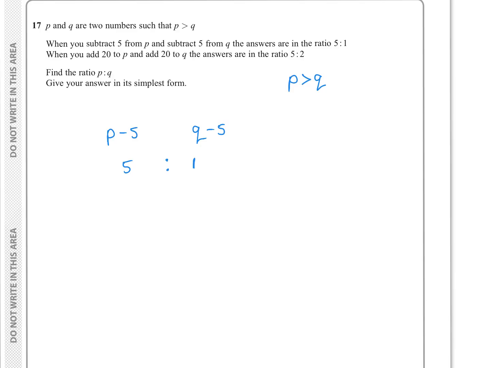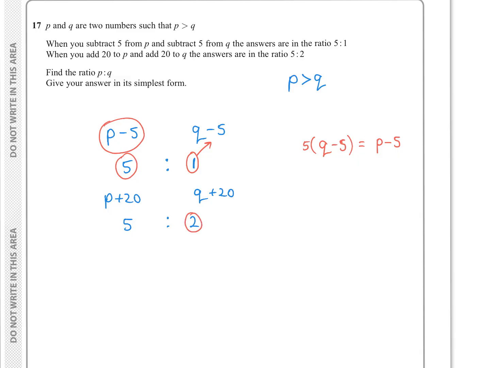It says when you add 20 to P and add 20 to Q, the answers are in the ratio 5:2. So first of all, this would mean that Q minus 5 was worth 1 unit, but then P minus 5 was 5 times that 1 unit. So that would mean that 5 lots of Q minus 5 would be P minus 5.